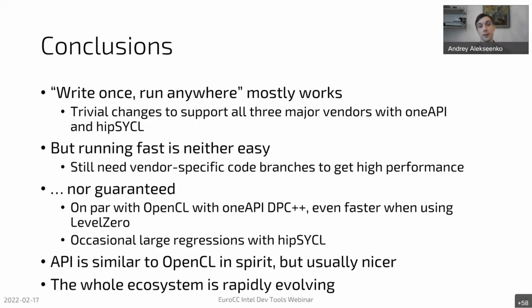And besides, as with any new technologies, sometimes it doesn't work as expected. We are occasionally getting performance regressions, but with oneAPI, we easily got comparable performance when using the OpenCL backend, and when using the Level Zero backend, we actually outperformed OpenCL a bit.